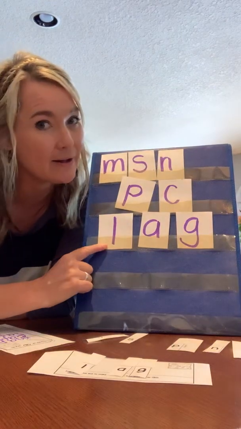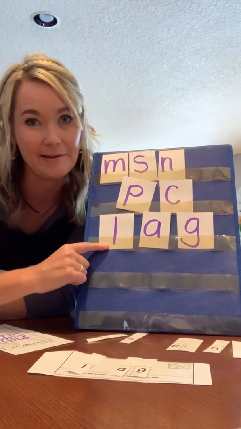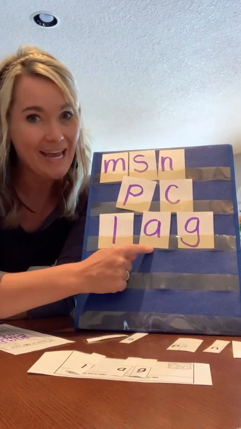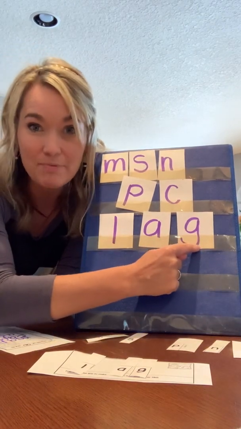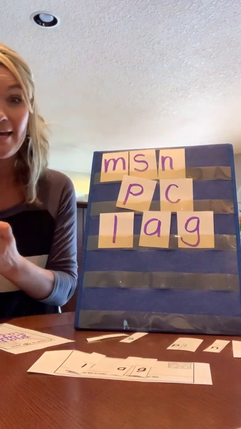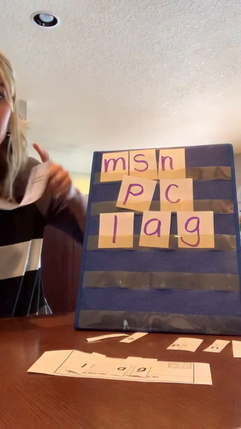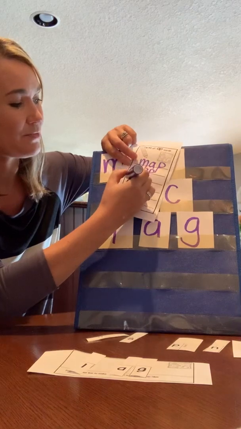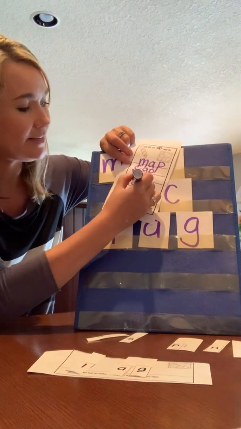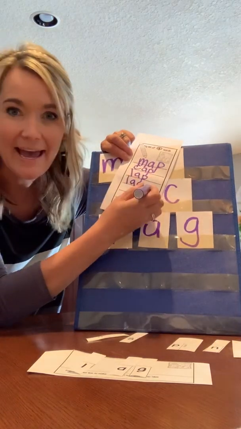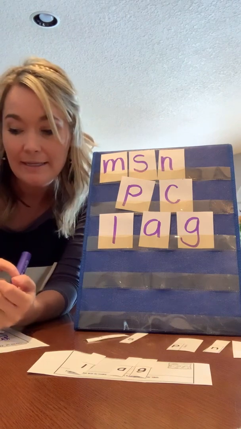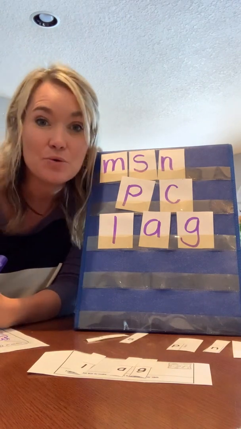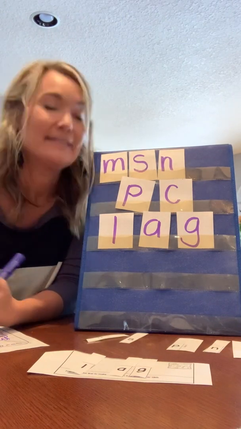Now touch that L and let's sound out this word together. Get ready. Lag. Ooh, that was that G that we practiced during phonics the other day. Take your recording sheet and record it. Lag. Awesome. Okay. Change lag to nag. Nag.